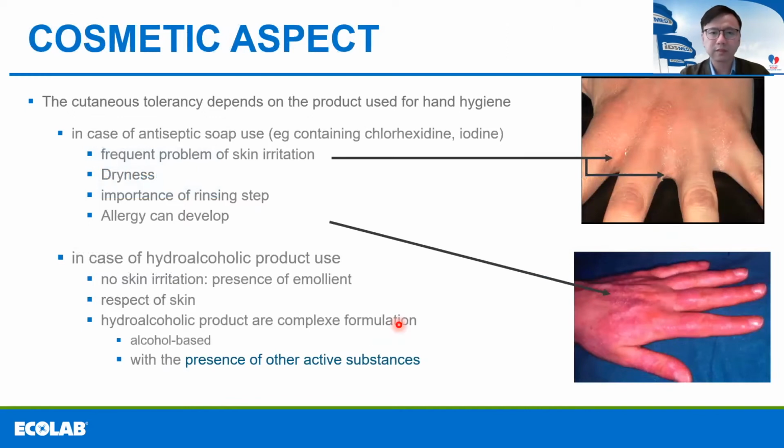Some of you may have experienced in the past, right, hand irritation because of repeated use of hand hygiene product that contains chlorhexidine and iodine. Right? These are the compositions that we exclude from the formulation of a good hand hygiene solution.